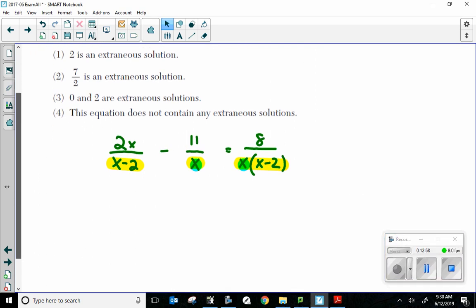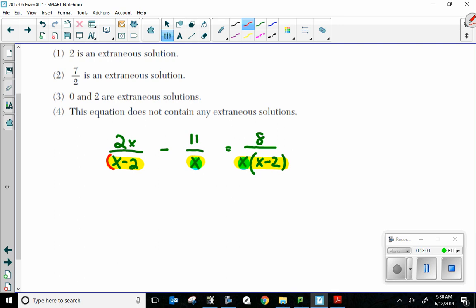I have an x minus 2 here, I just need an x. What I do to the bottom, I must do to the top. The middle fraction has an x, but it does not have an x minus 2, so why don't I multiply it? Now it does. What I do to the bottom, I have to do to the top. And the fraction on the right already has both, so I need to do nothing to it.